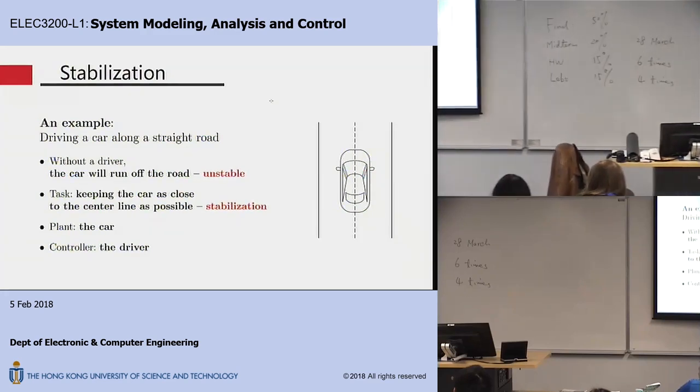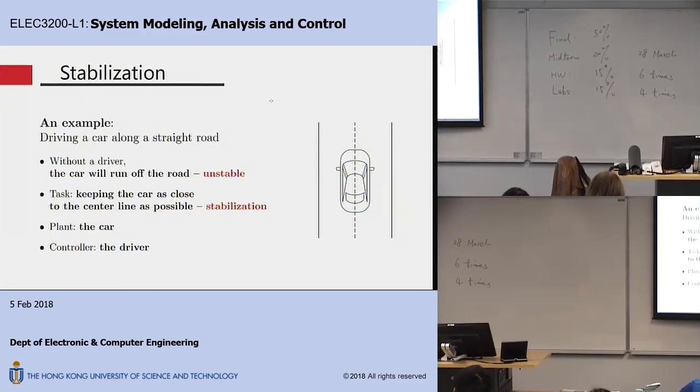Clearly, without the driver, this car is going to go crazy. Very likely, it's going to go to the side of the road. So this phenomenon is called instability. We'll say the system without controller is unstable.